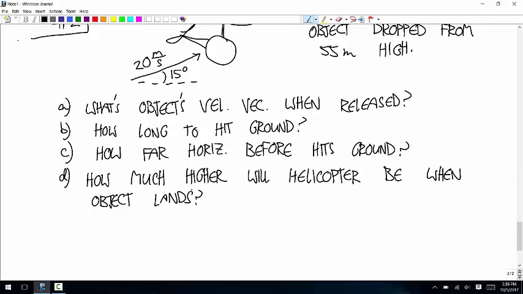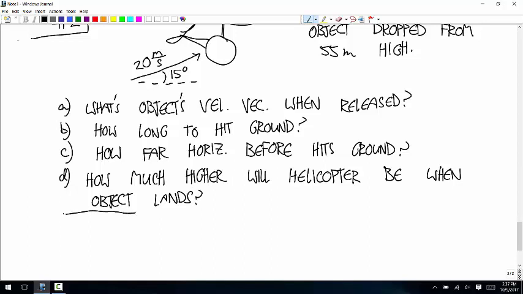So what we want to know is the difference in height from when the thing is dropped to where the helicopter is when the thing hits the ground. If the helicopter is 75 meters high when the thing hits the ground, the answer would be 75 minus 55, 20. But how do we calculate that?